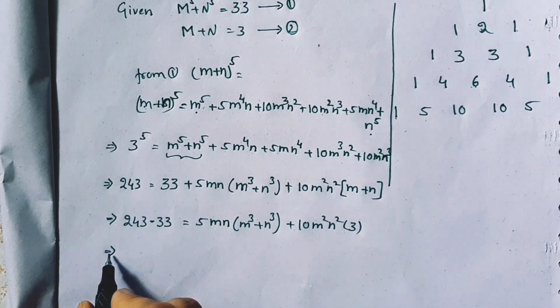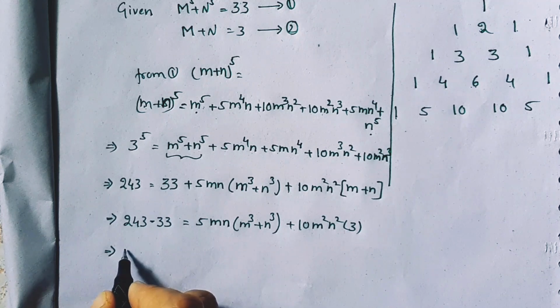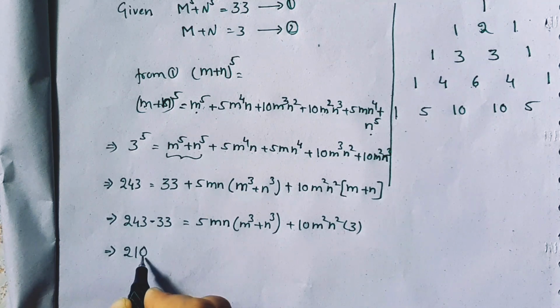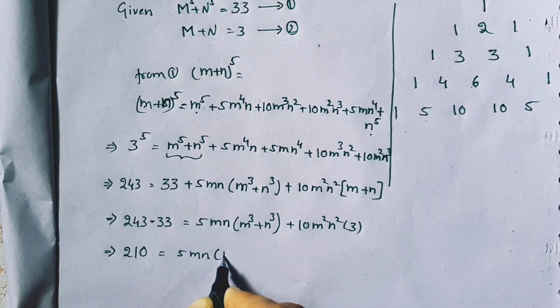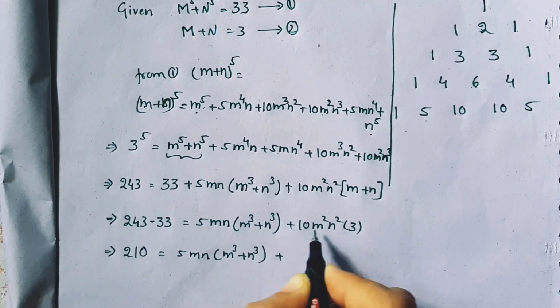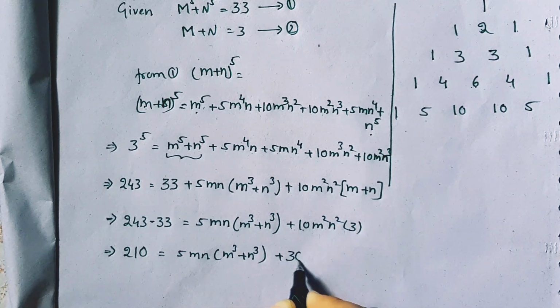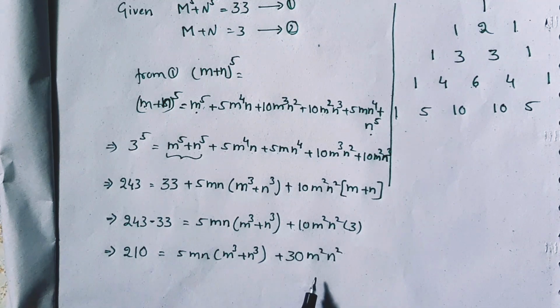243 minus 33, so the value is 210 equal to 5 mn of m cube plus n cube plus 10 times 3 is 30, 30 m square n square. Have you understood?